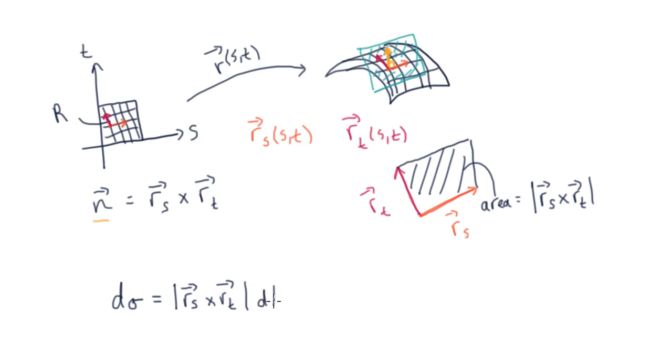I'm going to call that dA, and here dA I really mean ds times dt, a small change in s times a small change in t. And now what that's going to give me is the area of a parallelogram lying in the tangent plane that's just a really, really small piece of the tangent plane. So it's a really good approximation to a small piece of the surface. So it really is just a small surface element.